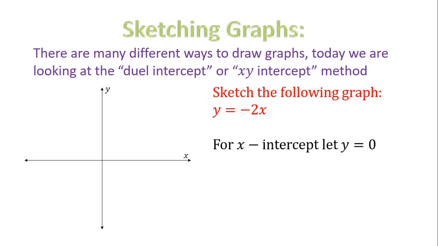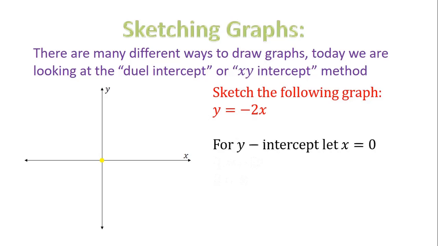So for an x intercept, I let y equal 0. So then 0 equals -2x. I divide both sides by -2, and I get 0 equals x. And so my x-intercept is right there at 0, 0.